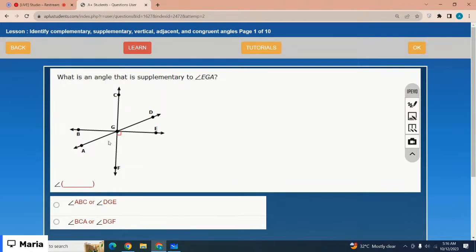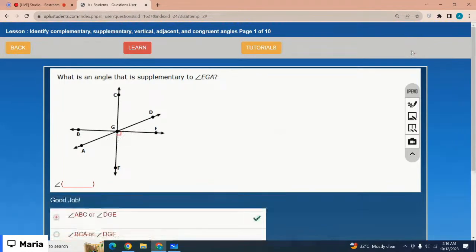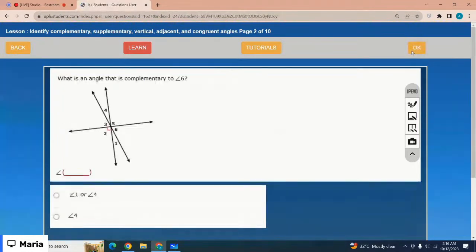Option number 1 is the correct one, right? It would be ABC and DGE, right? They are the supplementary angles. Option number 1 is the correct option. Supplementary means the angles that add up to 180, right?